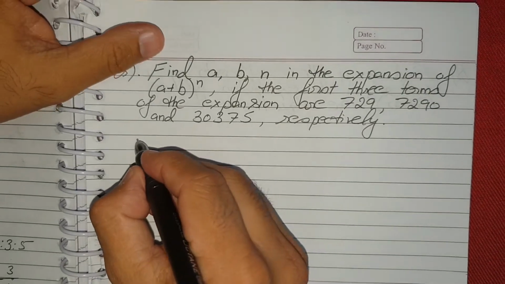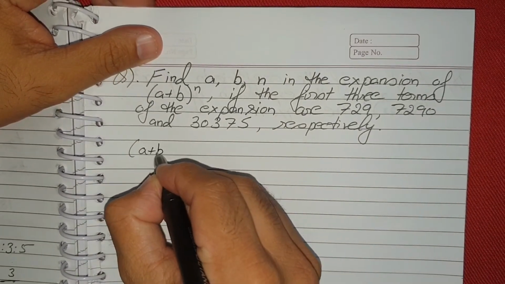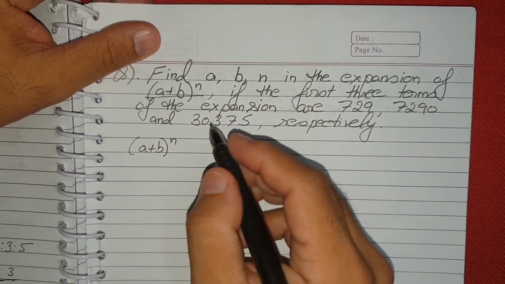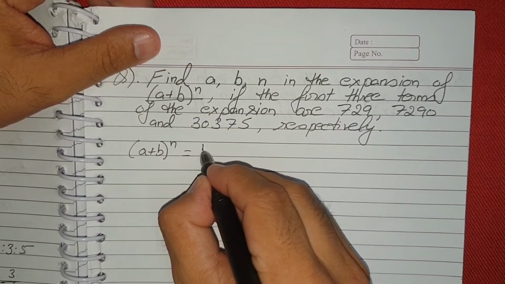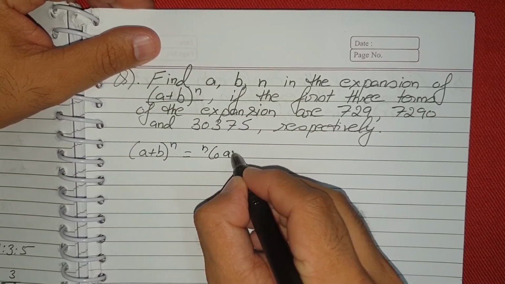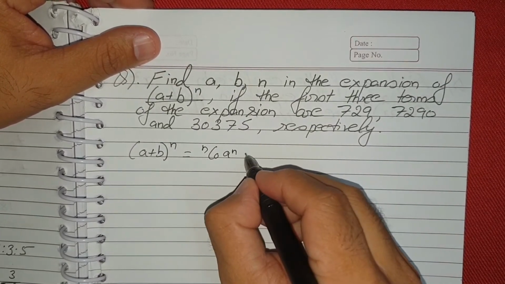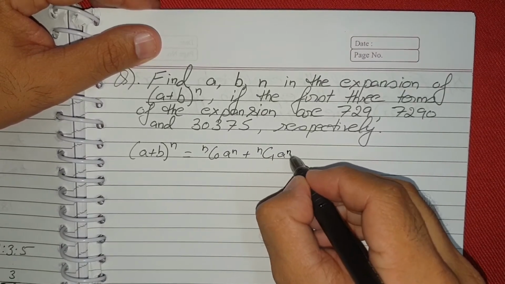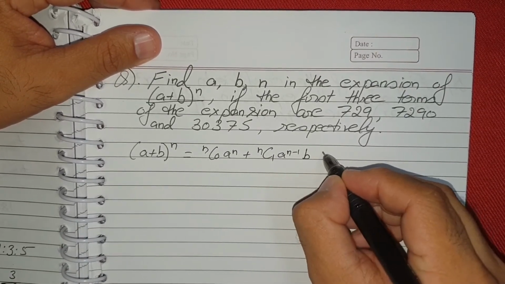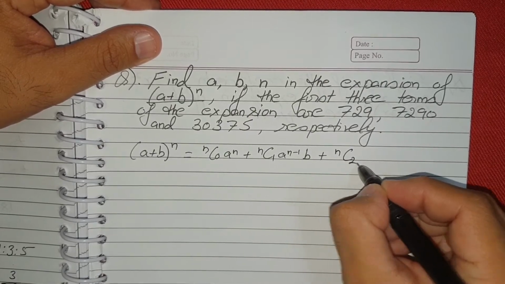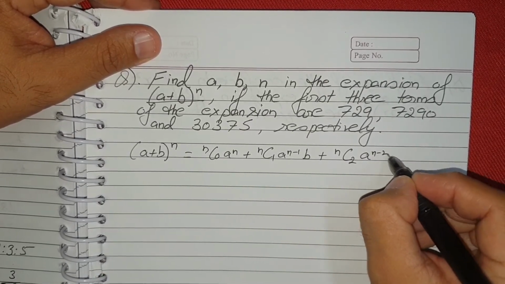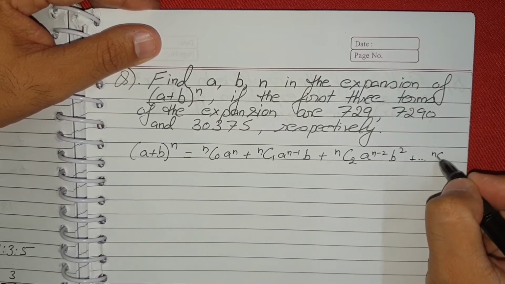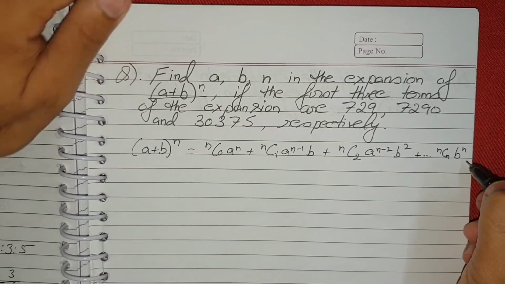We know that (a+b)^n, because this is our question, is nC0 a^n plus nC1 a^(n-1) b plus nC2 a^(n-2) b^2 plus and so on, it will go to nCn b^n.